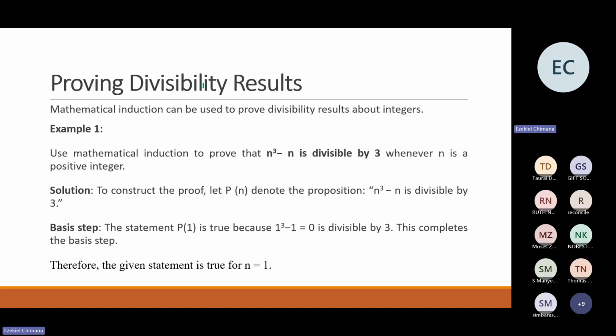So make sure that you look at that. After that, we've got the basis step: you prove that if you put 1 here, you get a number which is divisible by 3. Therefore, the given statement is true for n is equal to 1.